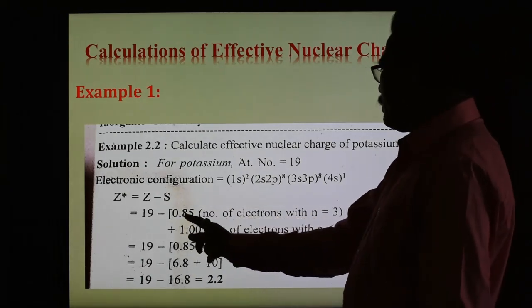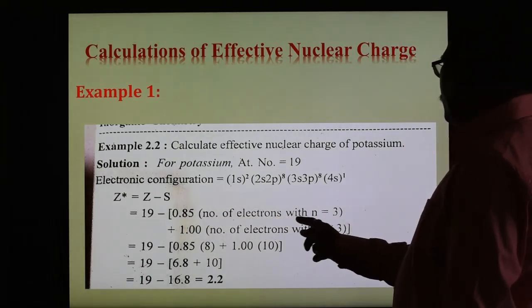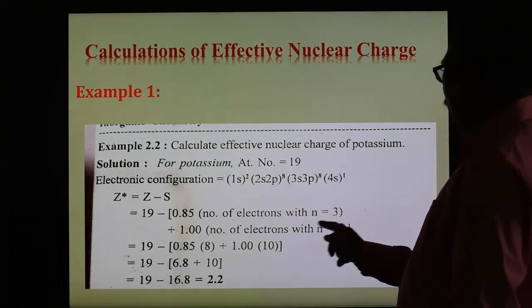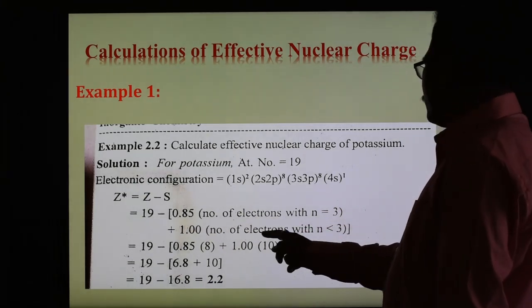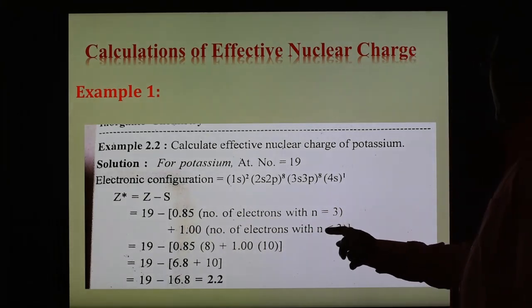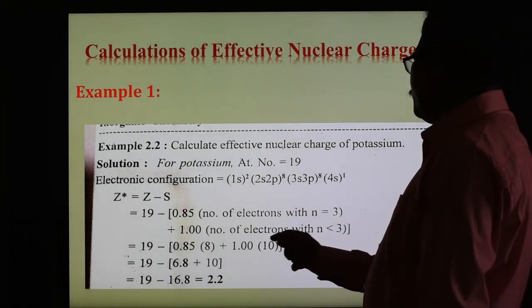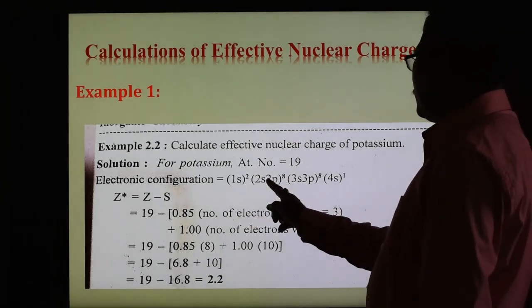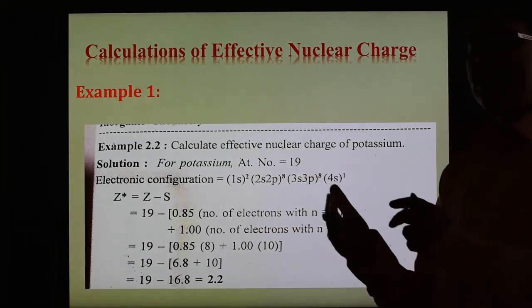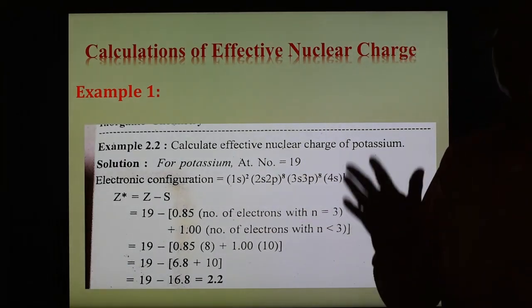So we write 0.85 into the number of electrons with n equal to 3, plus 1 into the number of electrons with n less than 3, because for n minus 1 the contribution is 0.85, and for n minus 2 and lower electrons the contribution is 1.